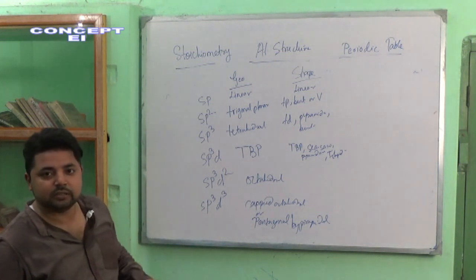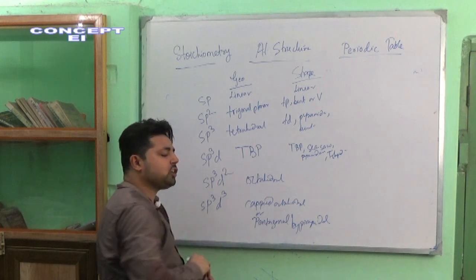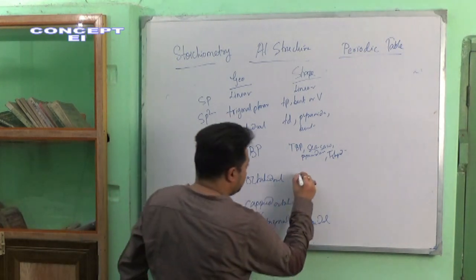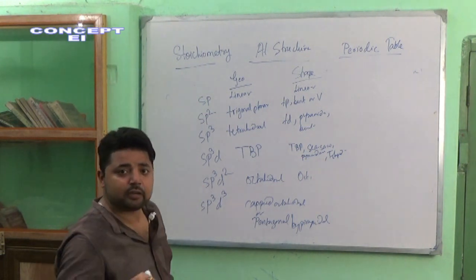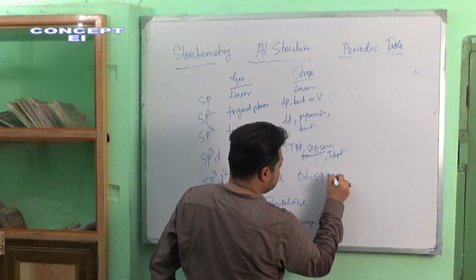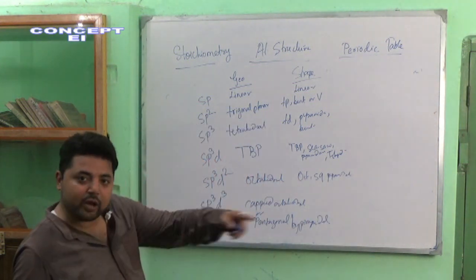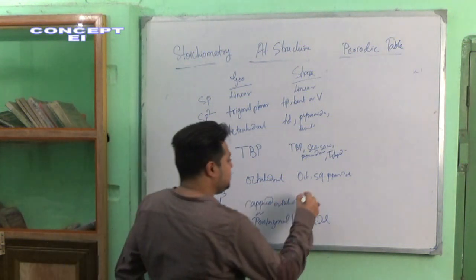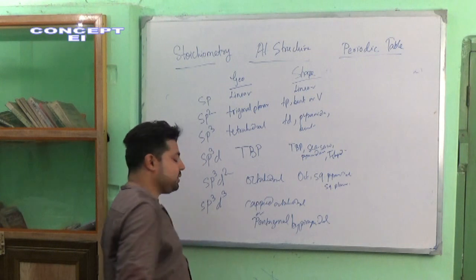In sp3d2, octahedral, then square pyramidal, okay, then square planar, like that.